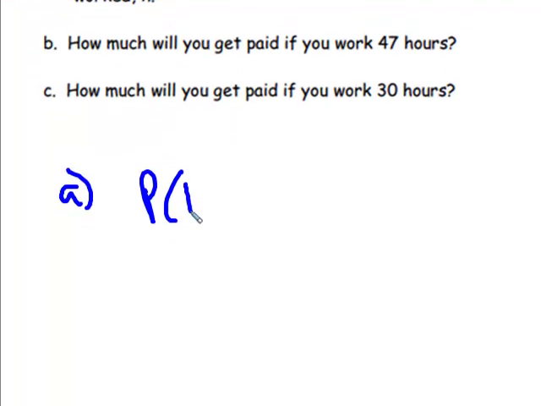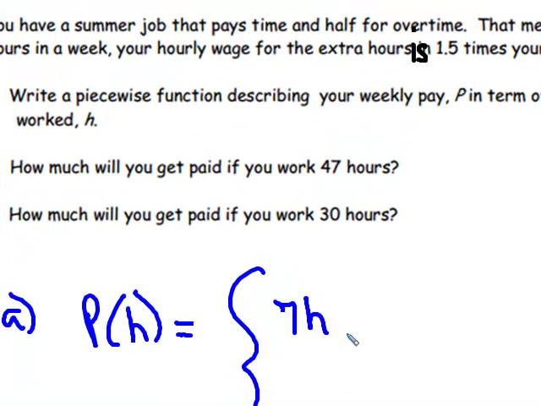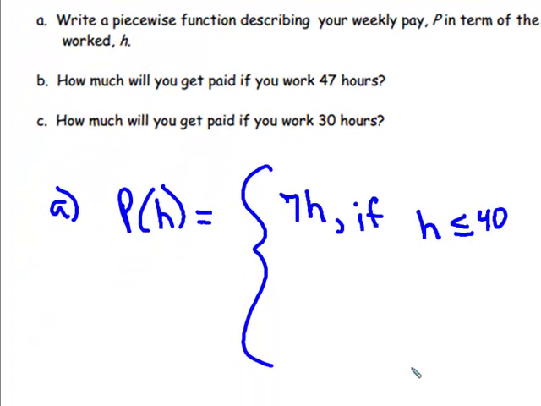So it's going to be P of H equals, and we have two scenarios. You're going to earn $7 an hour if your hours are less than or equal to 40. So 40 hours, you're going to get the $7 an hour, and any hours less than that. And then you have the scenario if you work more than 40 hours. Well, you're automatically going to get the $280. That's the 7 times 40.